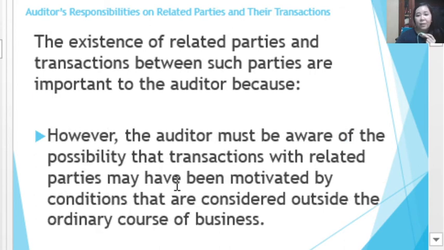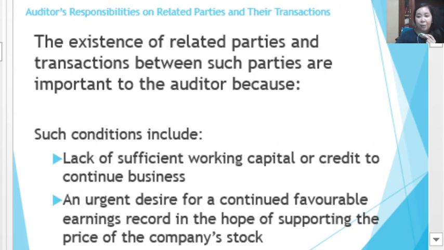However, the auditor must also be aware of the possibility that transactions with related parties may have been motivated by conditions that are considered outside the ordinary course of business. That's why the auditor should make sure that these are indeed disclosed or identified as related party transactions.